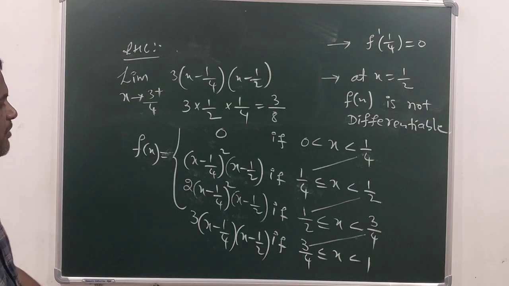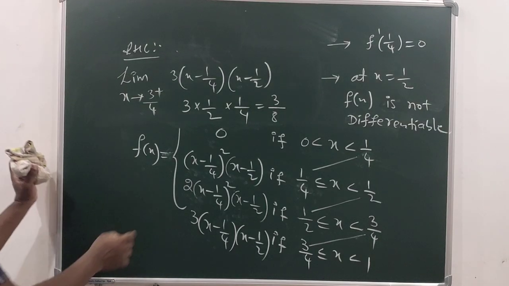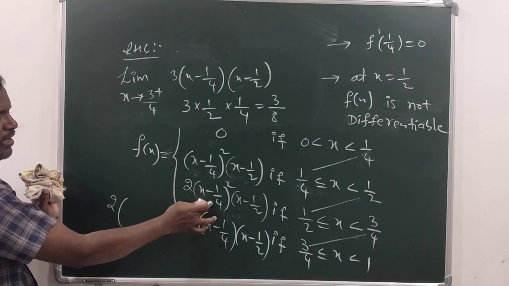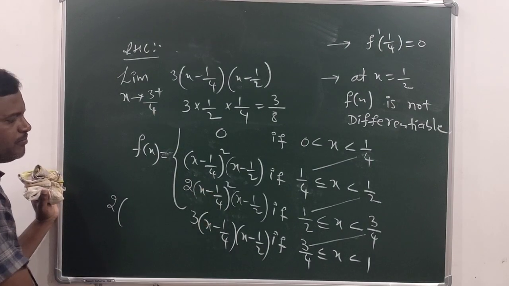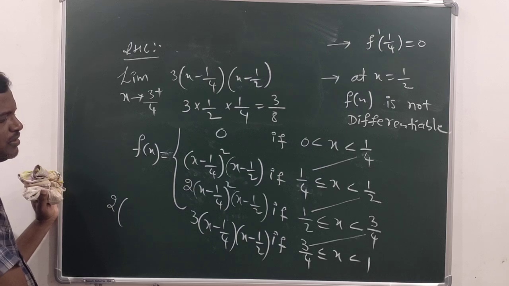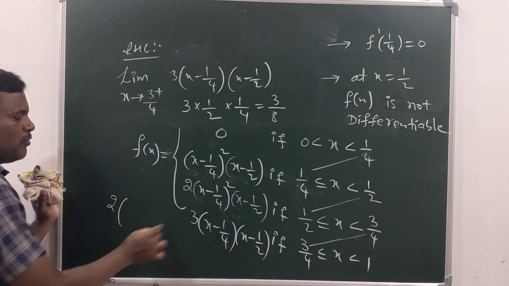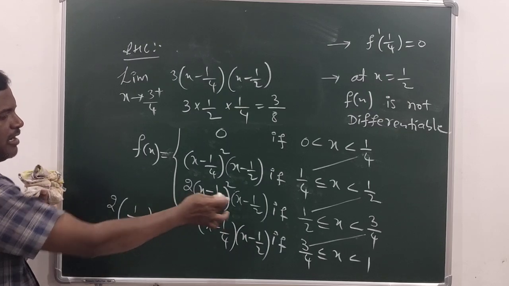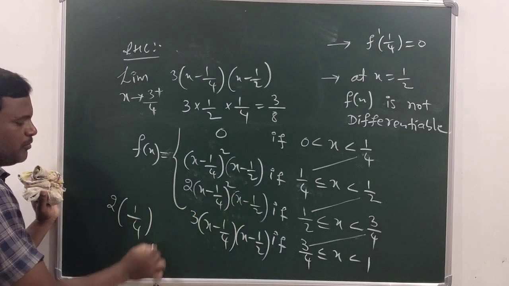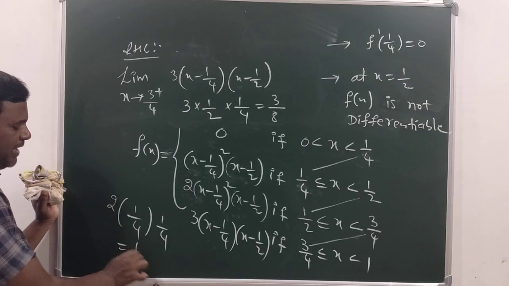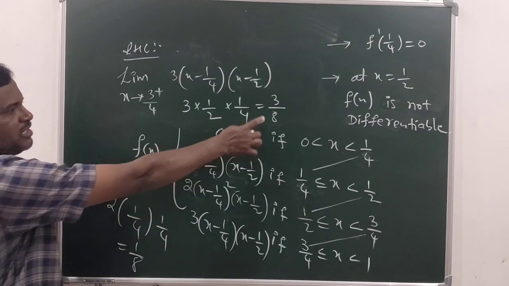In the previous case, how much did we get? 3 by 4 minus 1 by 4 gives 2 by 4, and 3 by 4 minus 1 by 2 gives 1 by 4, so there you got 1 by 8 as the answer. Here 3 by 8.